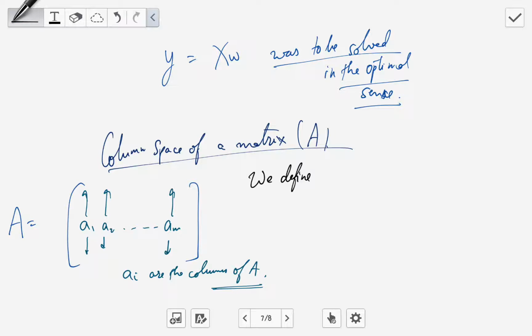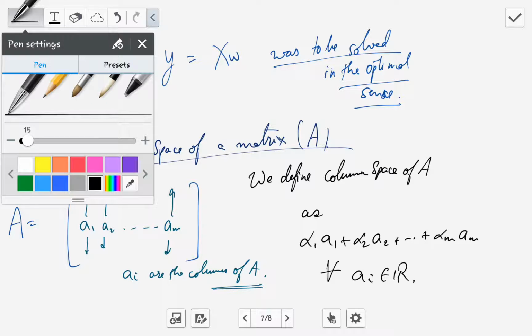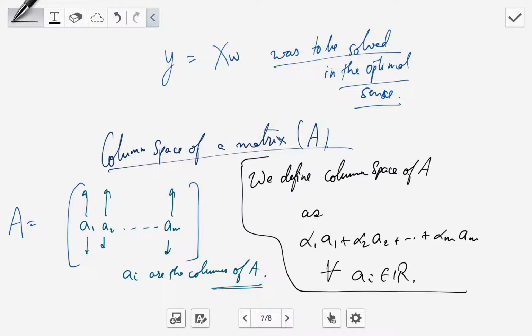We define the column space of A as alpha 1 A1 plus alpha 2 A2 plus so on up to alpha m AM, for all alpha i belonging to R. Basically taking linear combinations of all columns of A. So this is indeed the linear combination of columns of A.